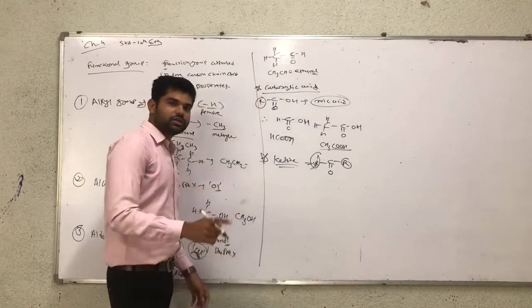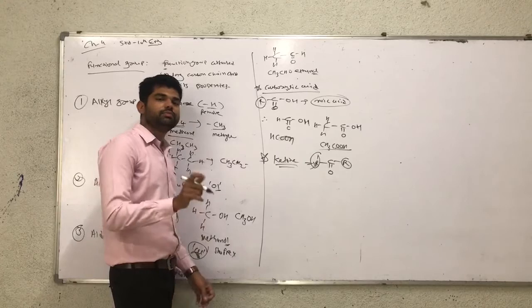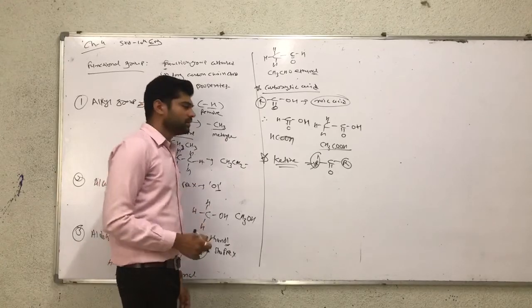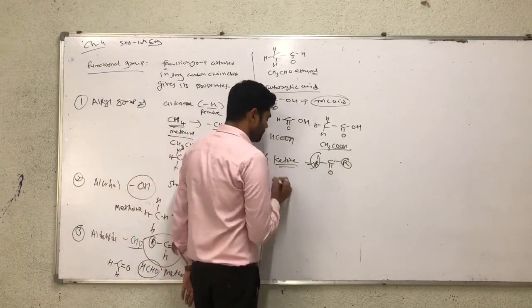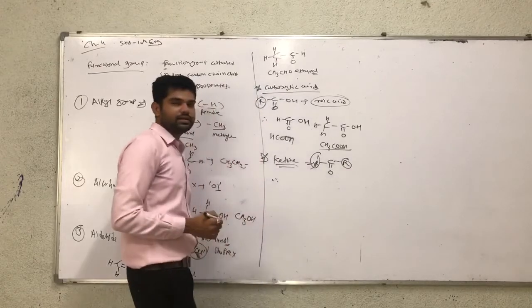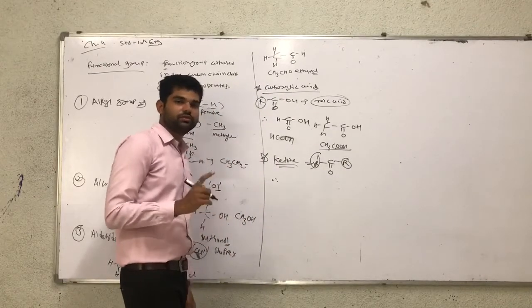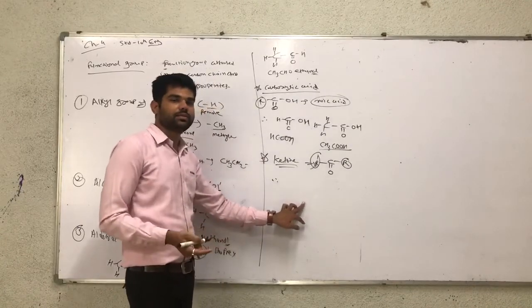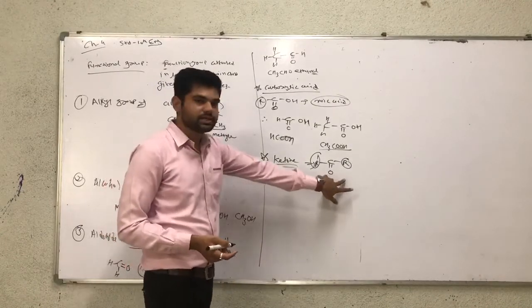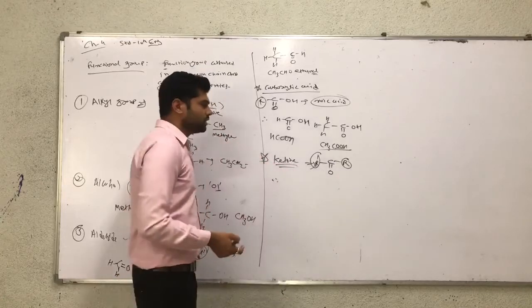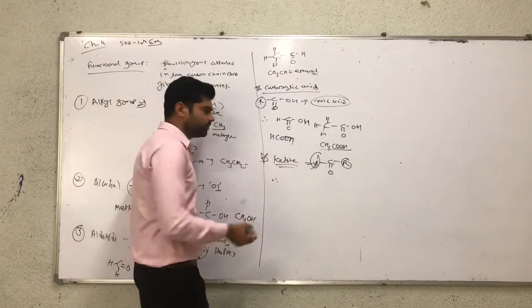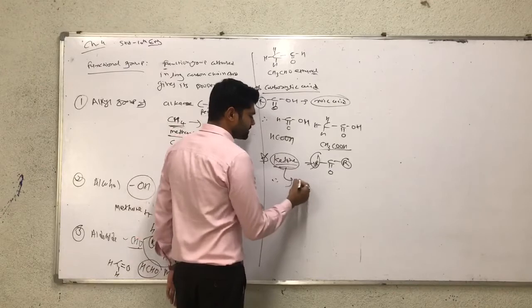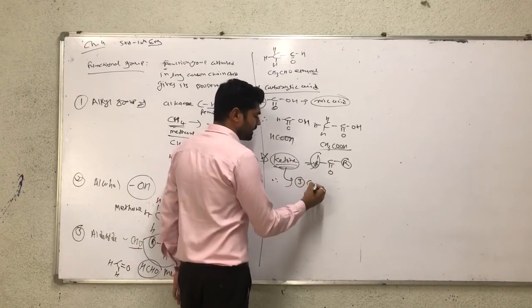Remember that the ketone functional group is attached in the middle of carbon, not at the end of the hydrocarbon chain. So an example of ketone with one carbon is not possible, because only one carbon cannot represent ketone. 2 carbon is also not possible. So ketone starts with 3 carbon.